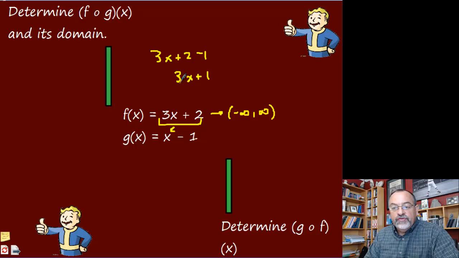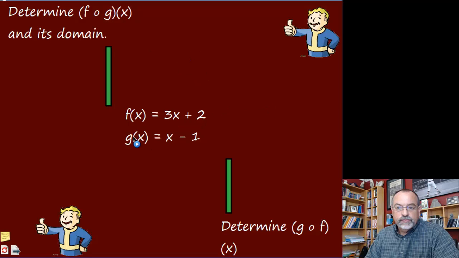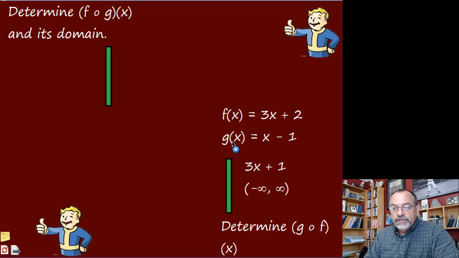Again, this new function does not create any new restrictions on the original domain, so the domain is also all real numbers. If we slide this over, we can see that this is all real numbers as well.